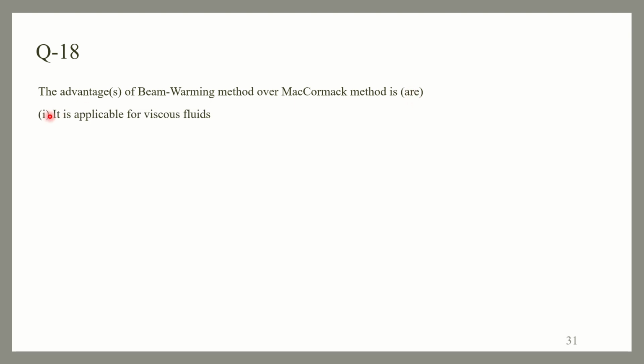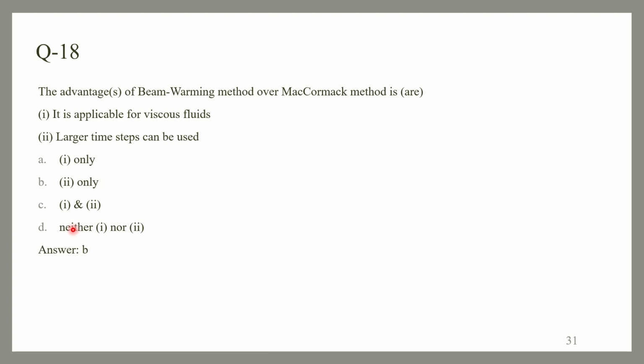So we'll see. Question 18 is about the advantages of the beam warming method over the McCormick method, a similar question to what we have seen in previous slides. First one, it is applicable for viscous fluids. Second one, larger time steps can be used. A 1 only, B 2 only, C 1 and 2, D neither 1 nor 2.